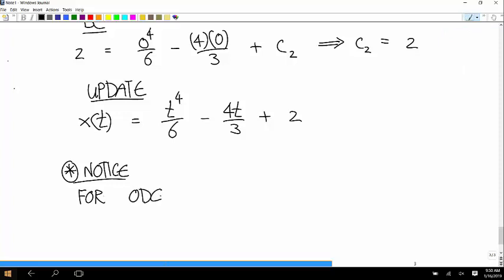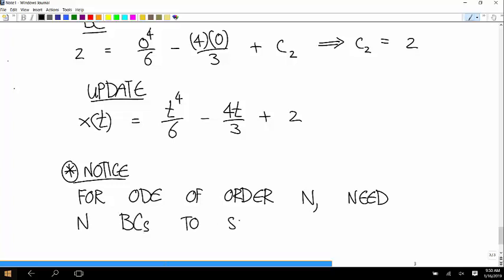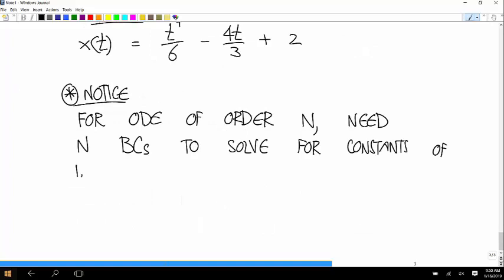For an ordinary differential equation of order n, you need n boundary conditions to solve for the constants of integration. Any questions?